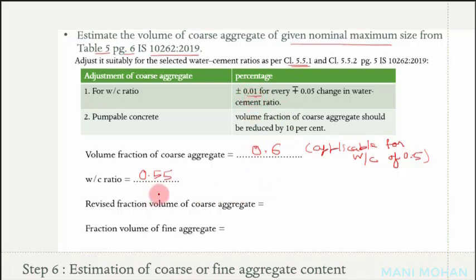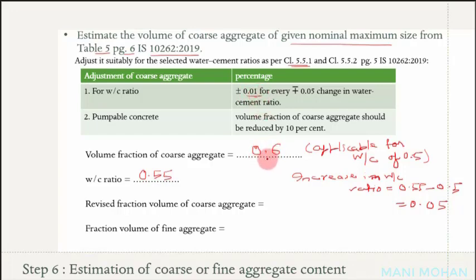So we have increased the water cement ratio. By how much is it increased? 0.55 minus 0.5 equals 0.05. So for every increase of 0.05 in water cement ratio, you have to decrease by 0.01.